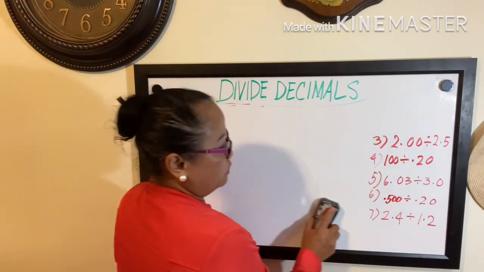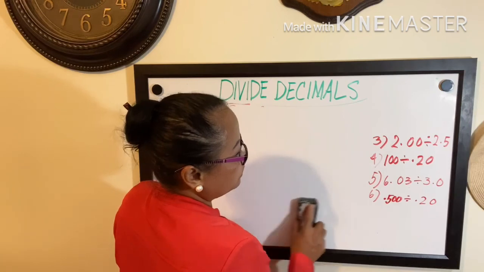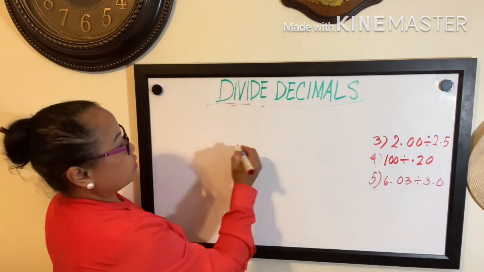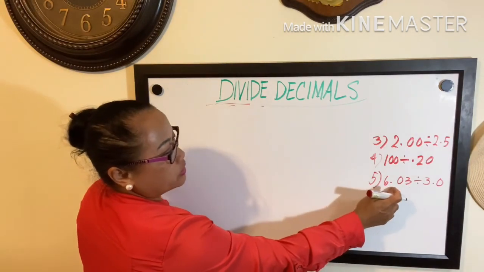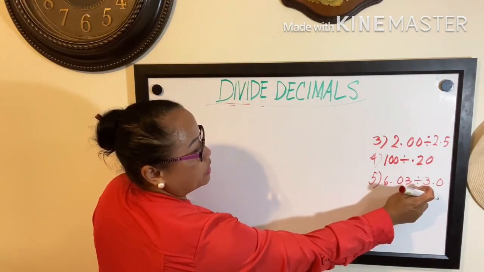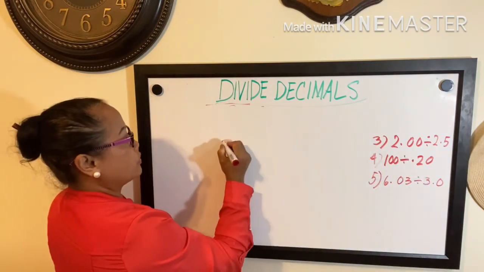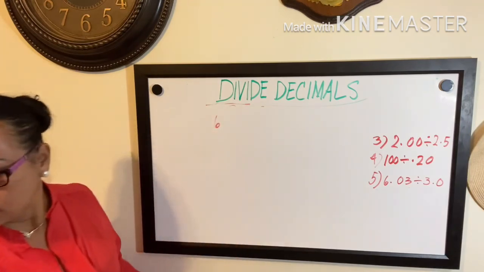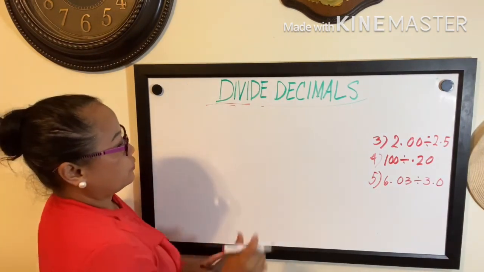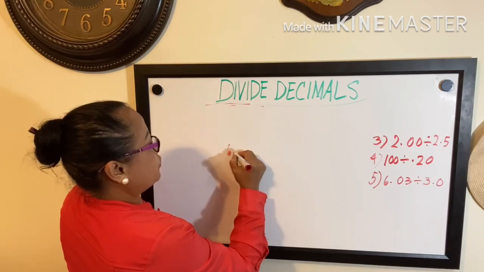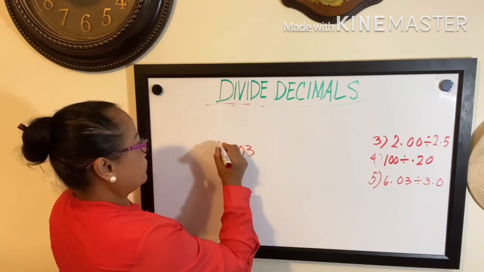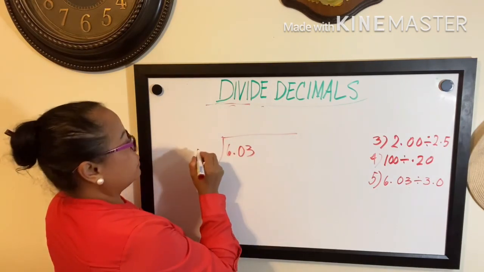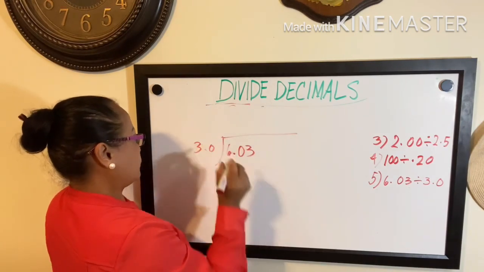Let's move to the next. 6.03 divided by 3.0. Let's direct. 6.03 divided by 3.0.